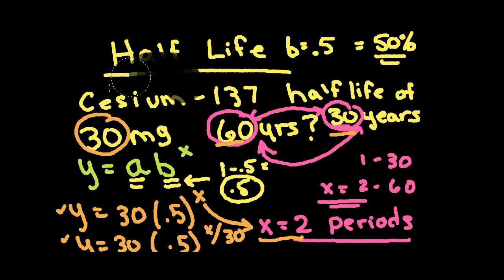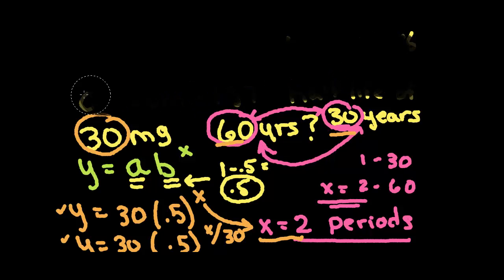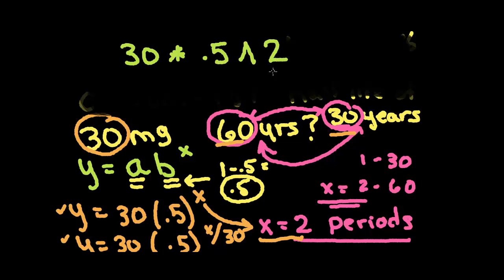So essentially, on our calculator, what would we have to type in to get the answer? Well, we would type in 30 times 0.5 caret 2. Again, because there are 2 periods where it is cut in half. It is cut in half 2 times, and that's where that number 2 comes from.